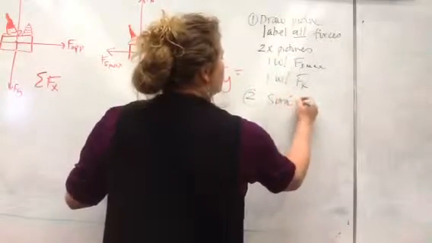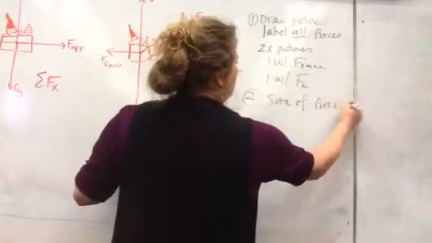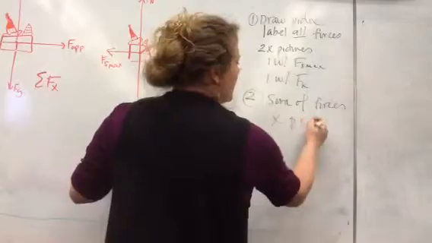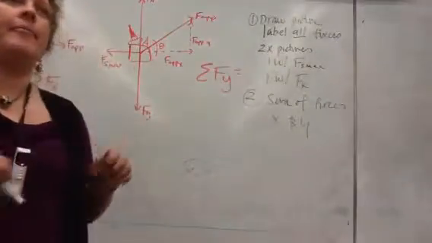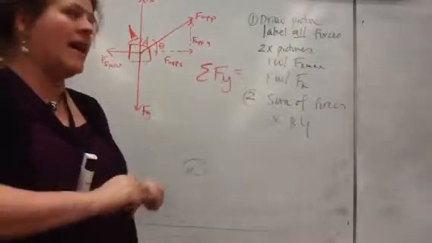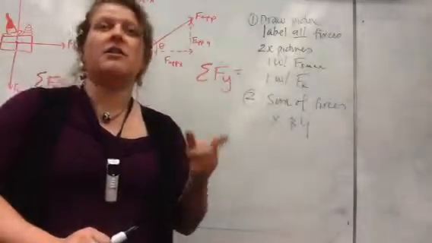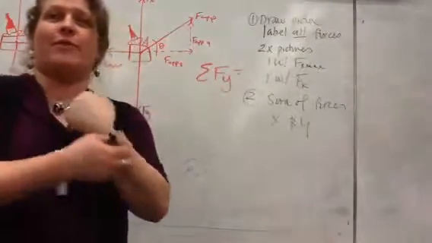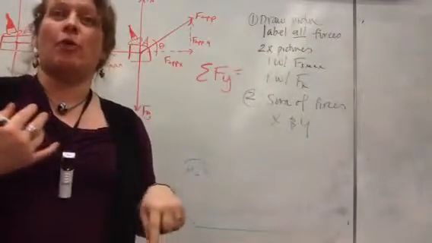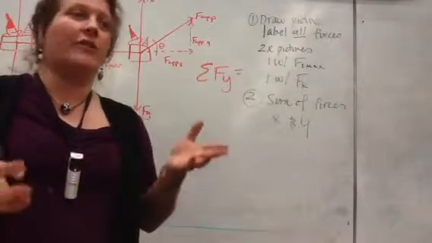Okay, once you've done that, sum of forces, X and Y. By doing the X and the Y, you'll be able to find all those other pesky little forces like gravity, normal force. You've got the force applied.